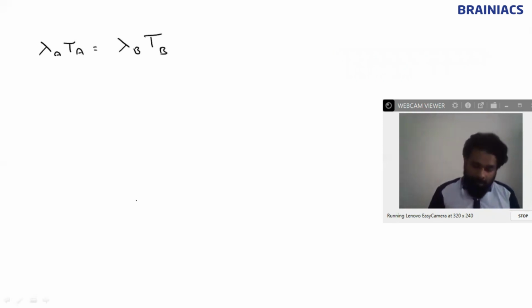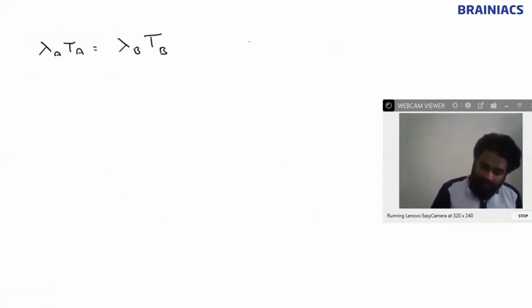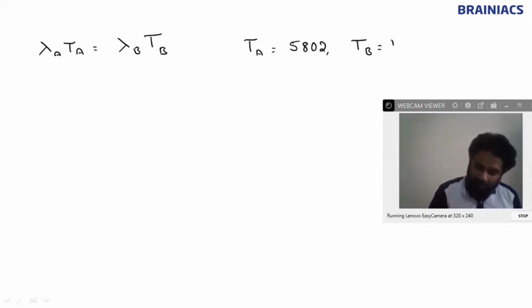One thing we know: which temperature is more? TA is equal to 5802, and TB is equal to 1934.